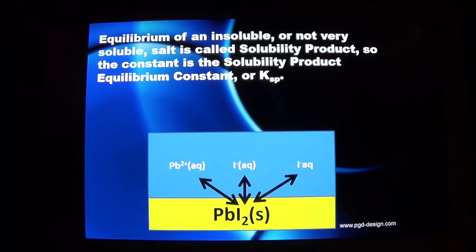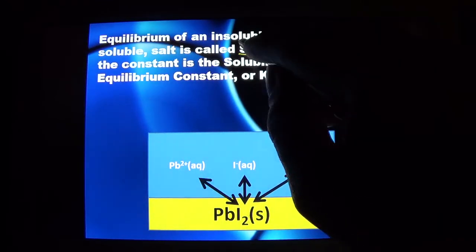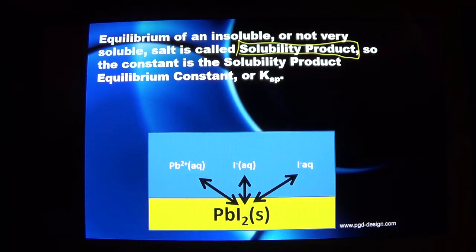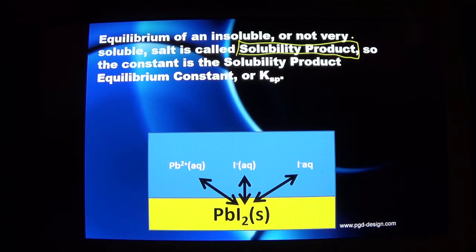Equilibrium of an insoluble, or if you want a more truthful statement, a not very soluble salt, has the vocabulary of solubility product. Solubility being how much dissolves. The product part you'll see in just a moment. So we call an equilibrium of an insoluble compound solubility product.